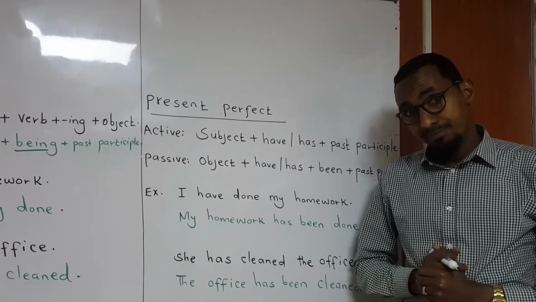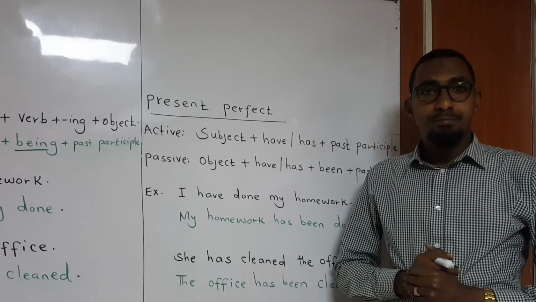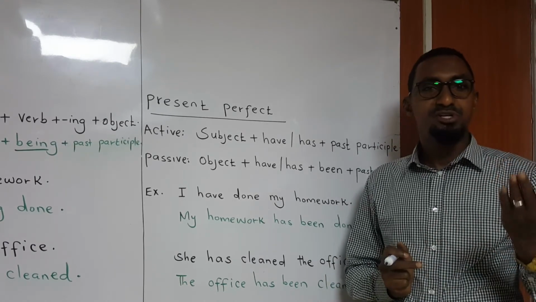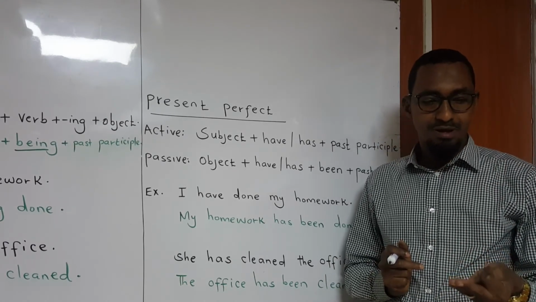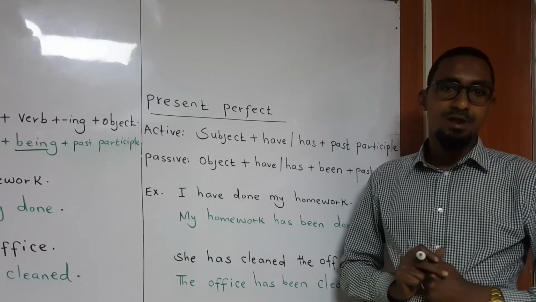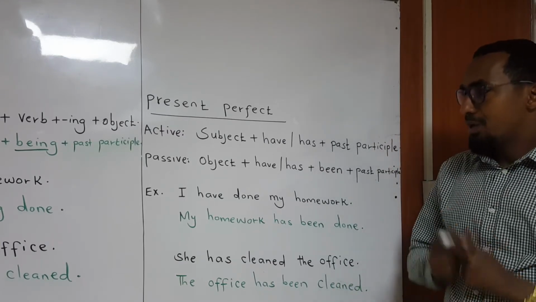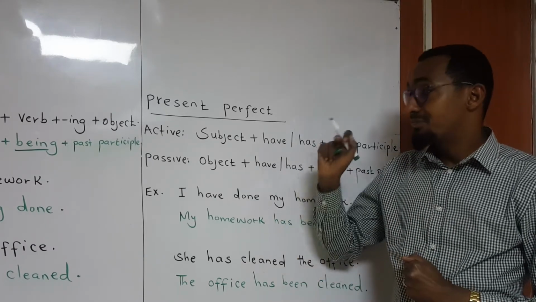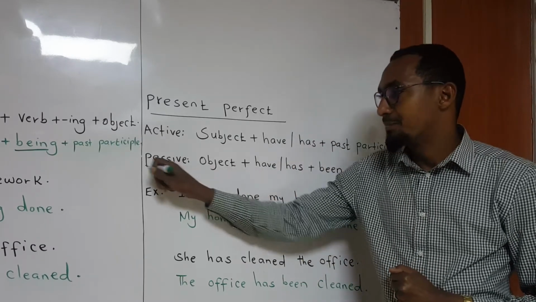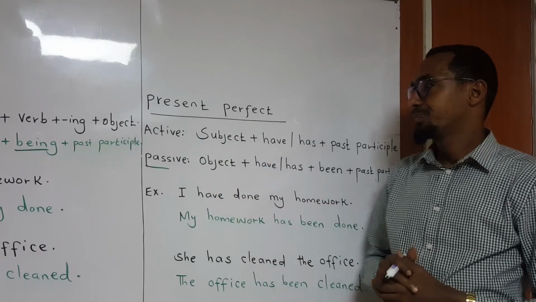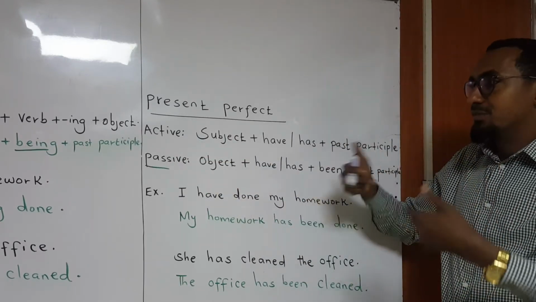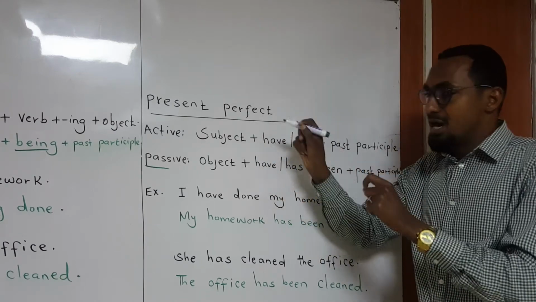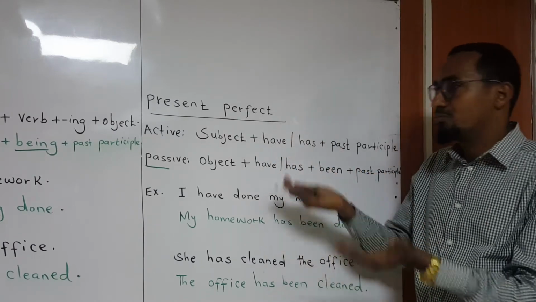Earlier on, we said that present perfect is used to express unfinished past, recent past, and personal experience. Now that we are going to learn the active and the passive voice, we are very interested in the passive voice, not the active. But we are reminding the students that when we want to form the passive and the active, we need to compare the two formulas.